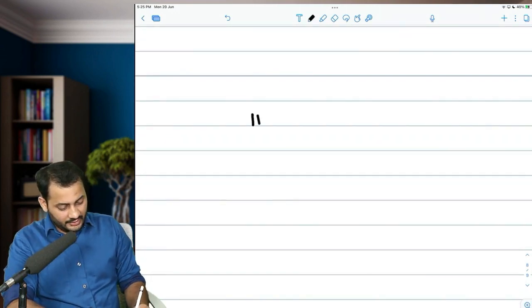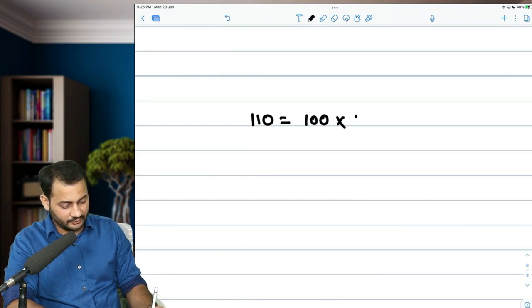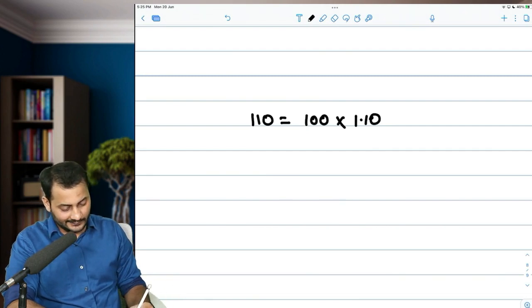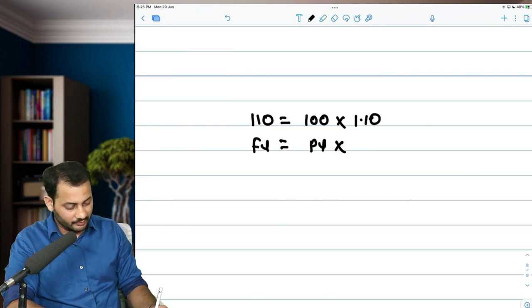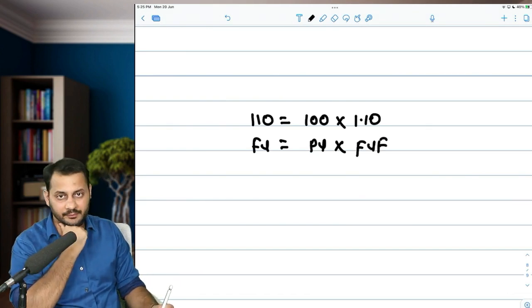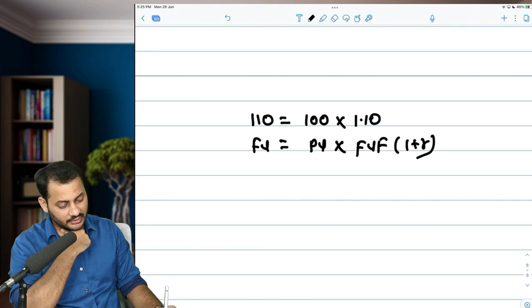Now, I will just take an example. 110 was the amount that you are receiving after investing 100 rupees for 1 year. This was future value, this is present value, and 1.10 will be called the future value factor, and it was nothing but 1 plus r.